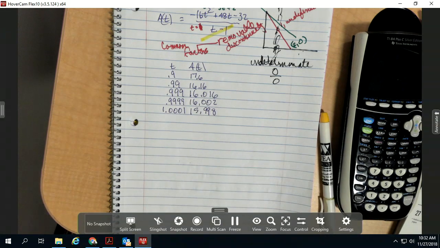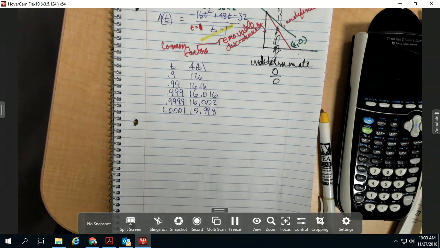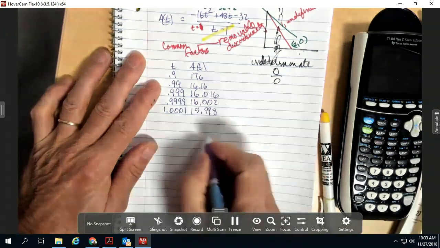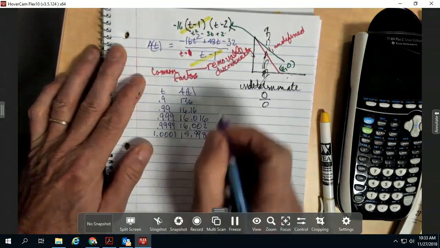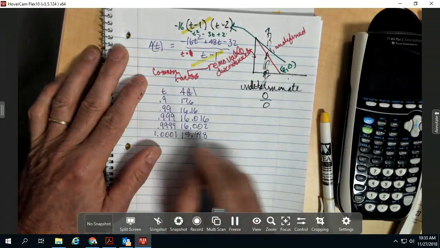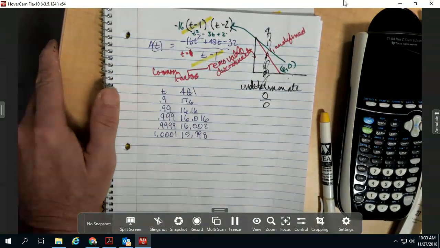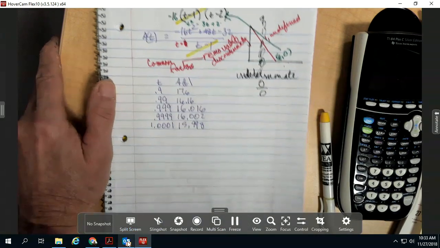So you can tell what the address of a hole would have been by just figuring out, well, as you get closer and closer to that, what happens. So what it's saying is, as you get closer to 1 second, according to this formula, while it appears as though there is no value, you get closer and closer to a certain value.